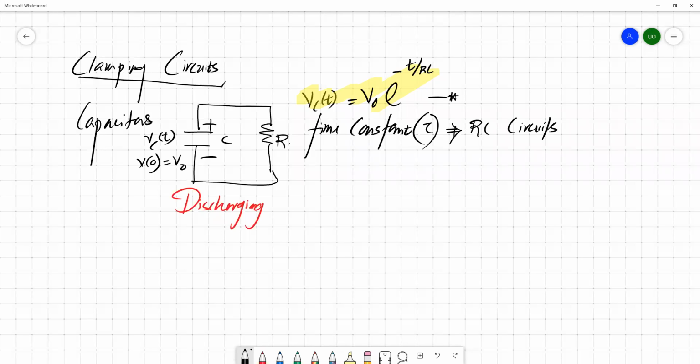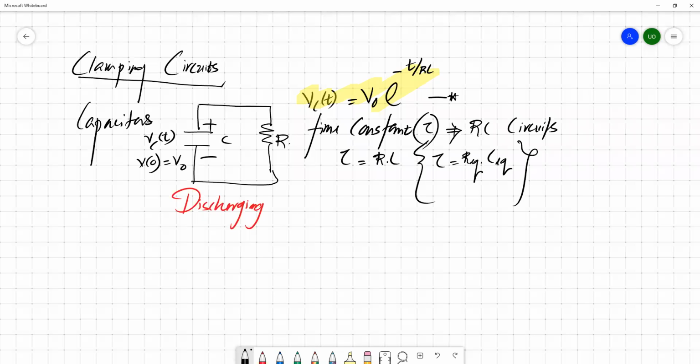For RC circuits, the time constant is the product of R and C. Maybe you have multiple resistors and multiple capacitors. If you can simplify the circuit to a single capacitor and single resistor, then tau is R equivalent times C equivalent.